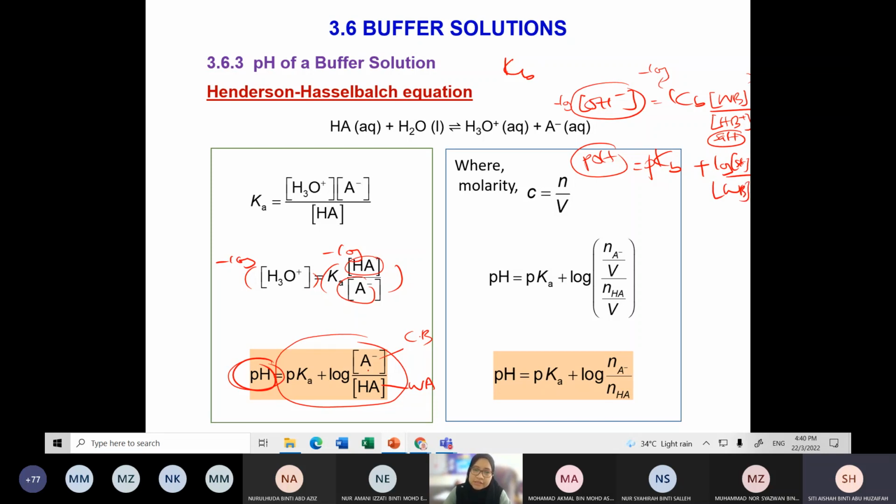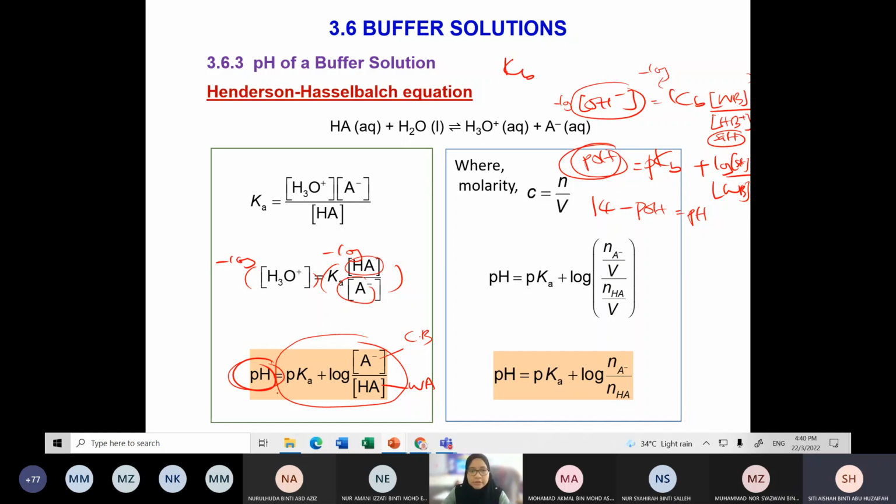Okay, everything is the same as this one. It's just that you are calculating for pOH. That means later on you kena 14 tolak pOH to get the pH. Okay, pOH dia memang ada extra step because what we want is pH. Kita tak nak pOH. Tapi in order to get the pH, you have to calculate for the pOH first.